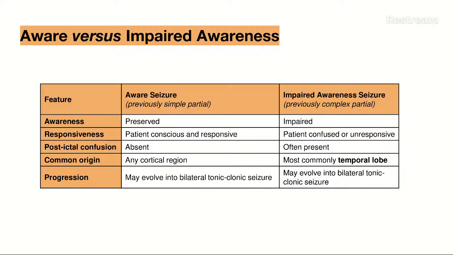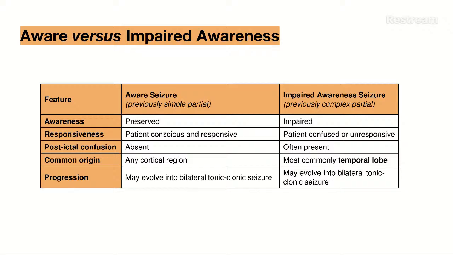So we'll now move on to focal seizures. As I mentioned earlier, this is where the symptoms depend on the cortical region involved. An important distinction is aware versus impaired awareness when referring to focal seizures. Aware seizures were previously termed simple partial, and impaired awareness were previously called complex partial.